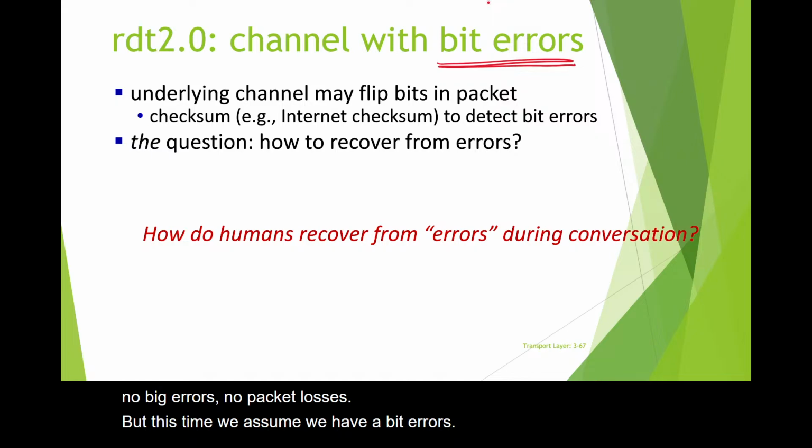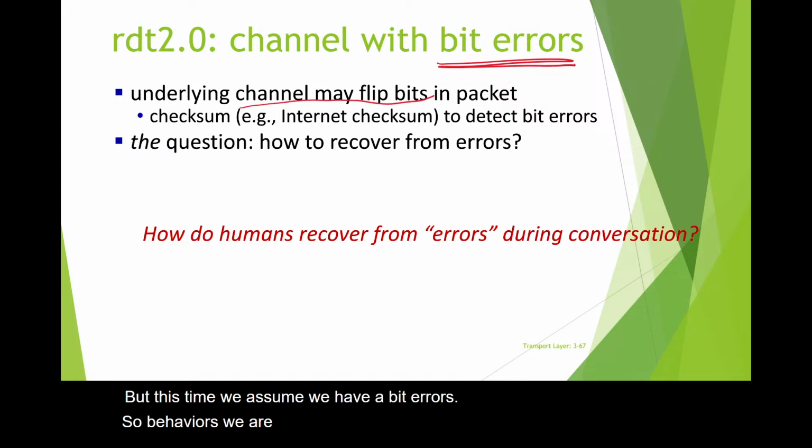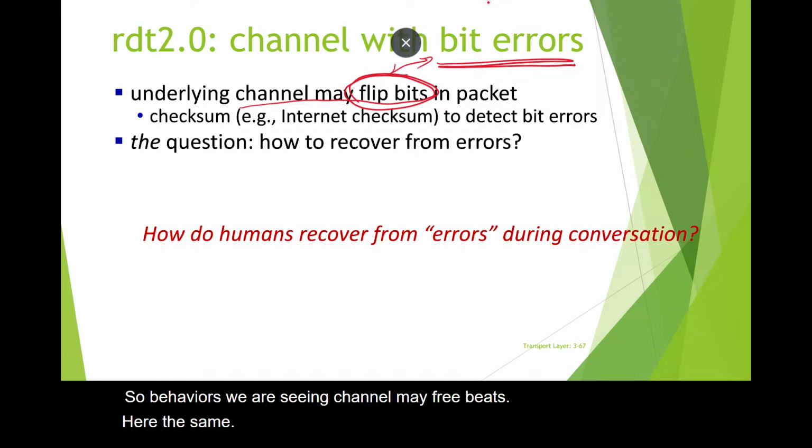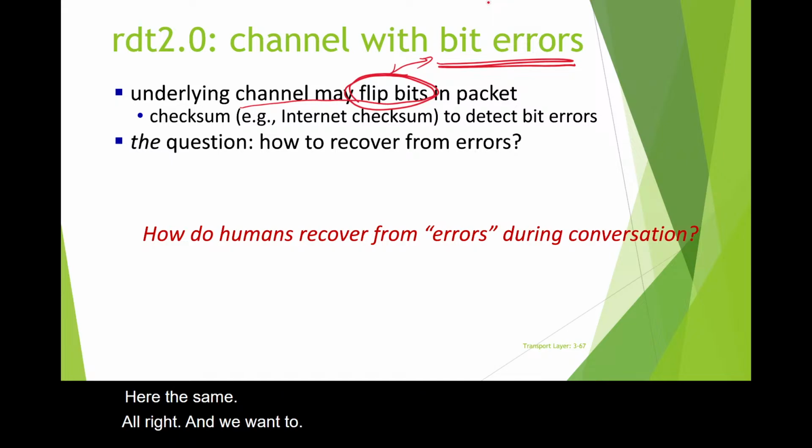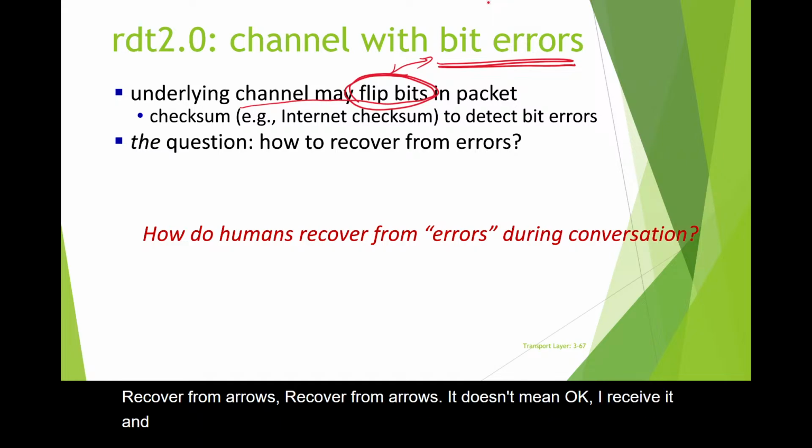So, bit errors, we assume the channel may flip bits. And we want to recover from errors. Recover from error doesn't mean, okay, I receive it and then I use forward error correction.